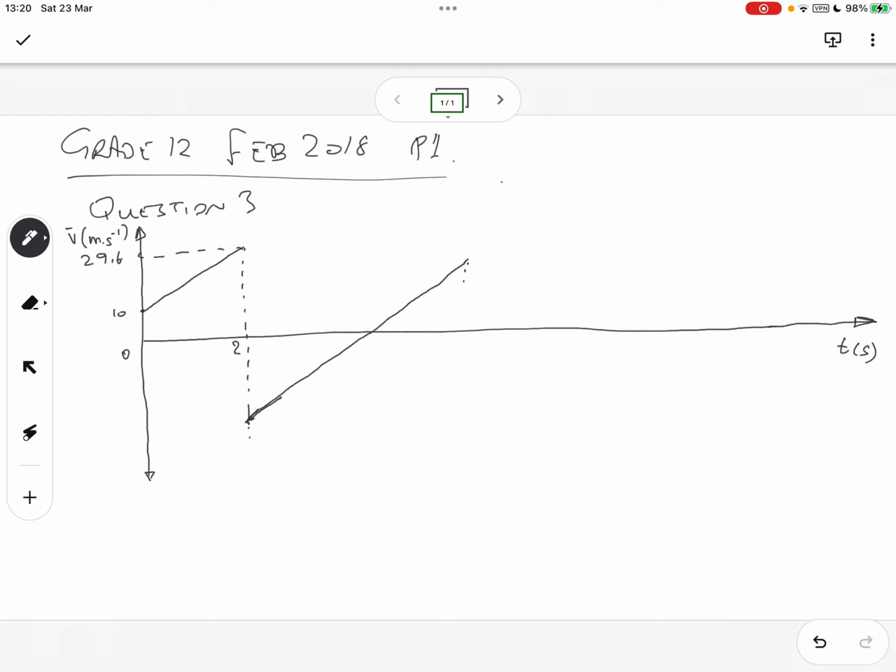And then again, the velocity changes. Let me just fix this, because I see I did an error there. Alright, cool.